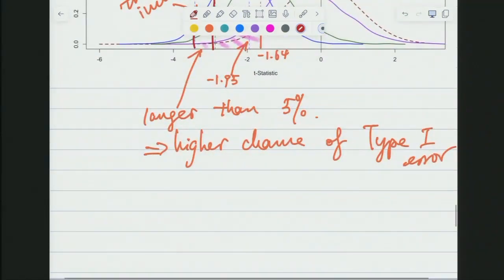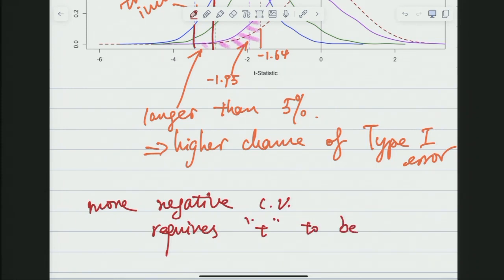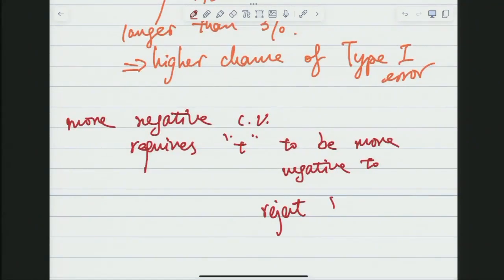So in order to reject the null, we will need a more negative test statistic. A more negative critical value requires the t to be more negative to reject the null. So this is the first requirement.